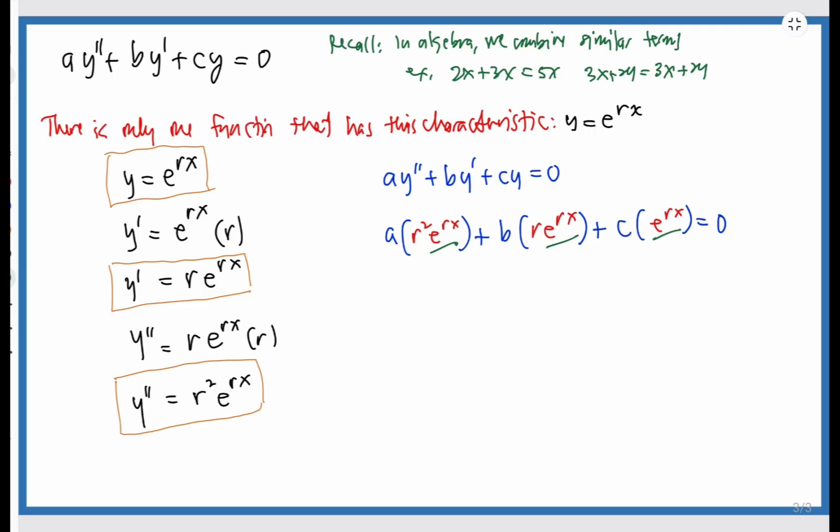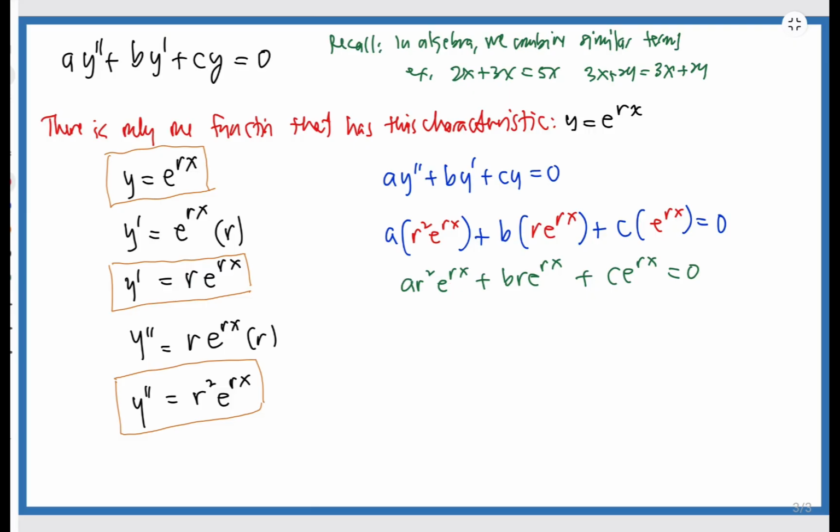So, note that e raised to r times x is common to all three terms. So we can factor out. We can write this as a r squared e to the rx plus b r e to the rx plus c e to the rx equals 0.